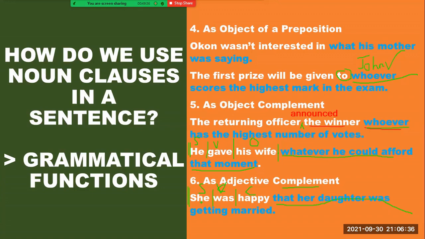So here, she was happy that her daughter was getting married. You can see exactly what this noun clause does here in this sentence.